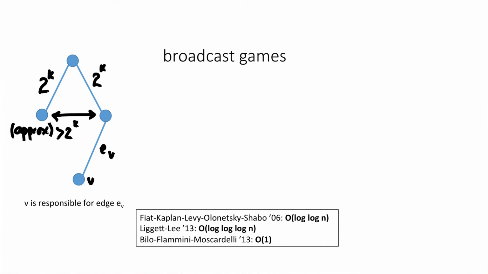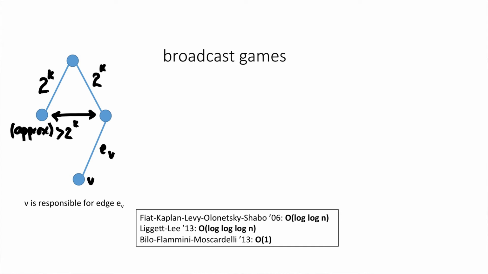Now, one can show some relatively standard primal dual arguments. One can show that if you have two edges that have about the same cost, some cost 2 to the k, then the distance between those two corresponding vertices has to be large. So, all the vertices that are paying a large cost for their edges are well separated, and therefore, the total cost is not very large.